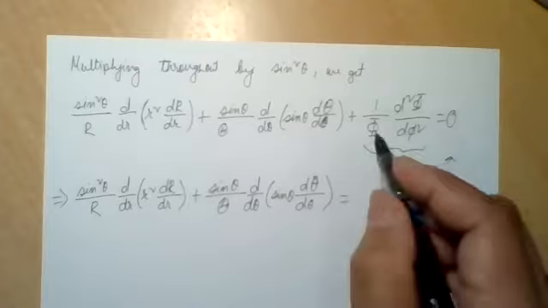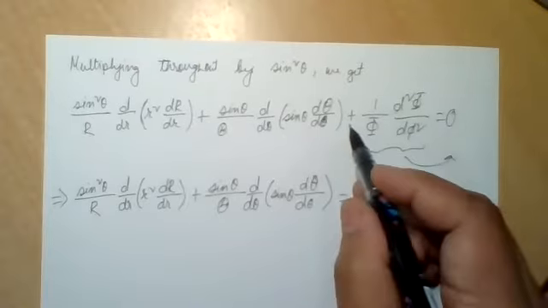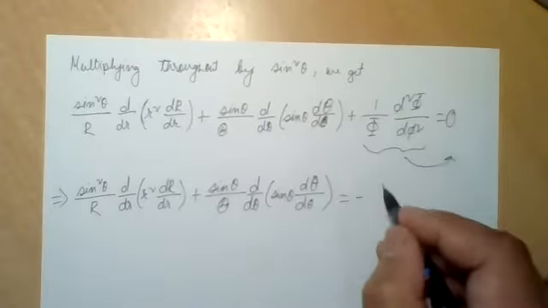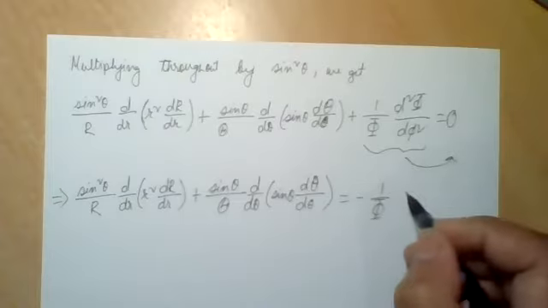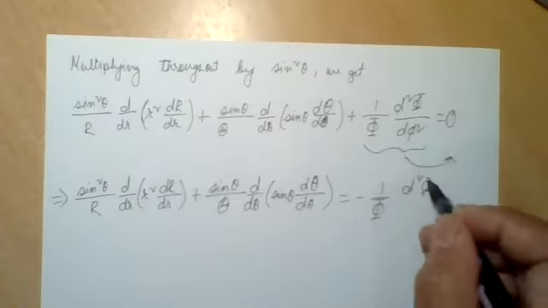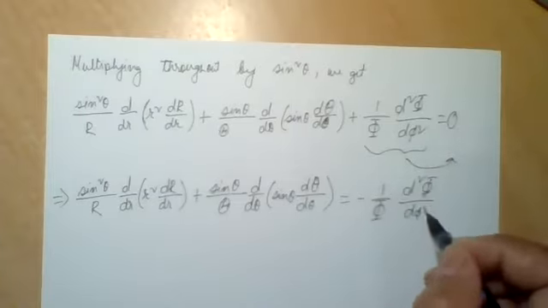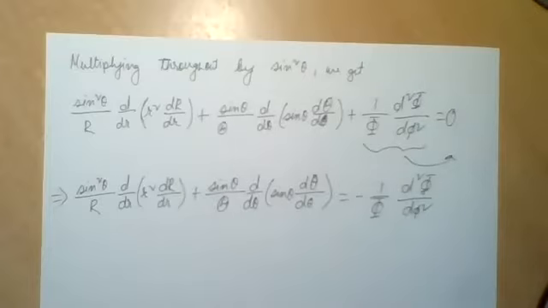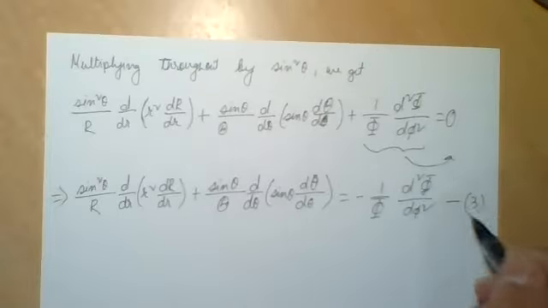This is equal to, if I take this towards the right hand side, this will pick up a minus sign, minus 1 by capital Phi, the second order derivative of capital Phi with respect to small phi. Let us call this equation number 3.